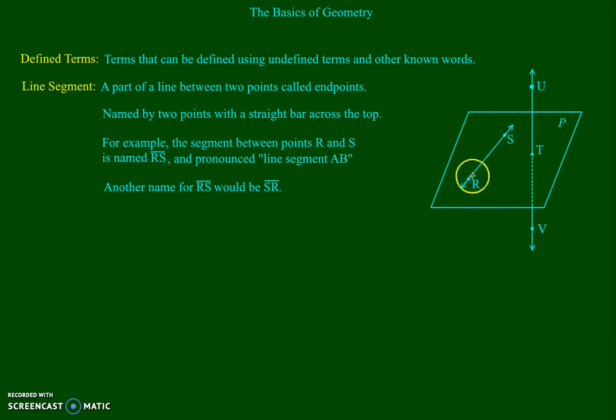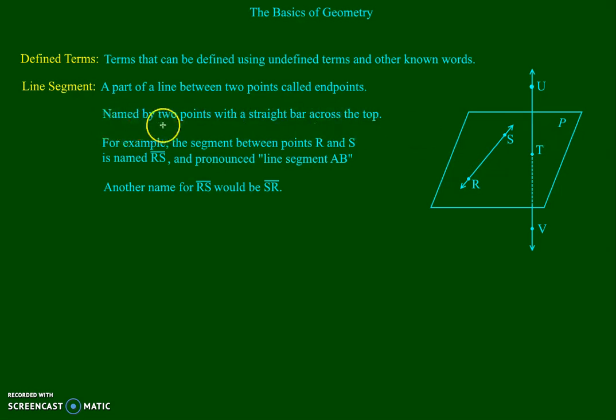And here we have a line RS in the plane. If we take a look at the set of all points between R and S, that constitutes a line segment. That's a portion of the line that starts at R and ends at S. Or we could say it starts at S and ends at R.